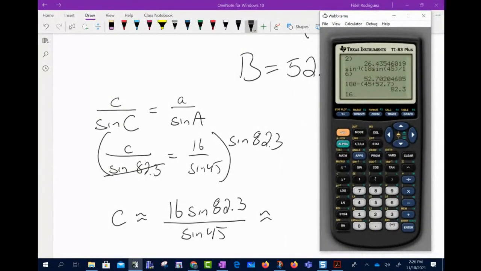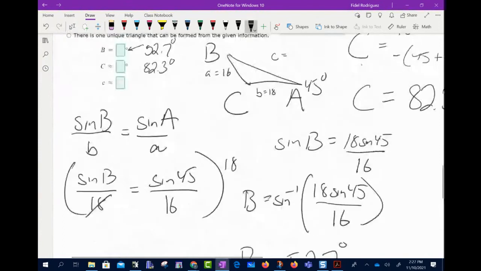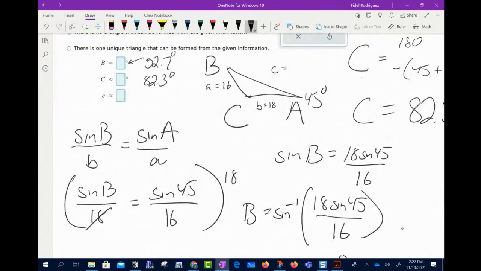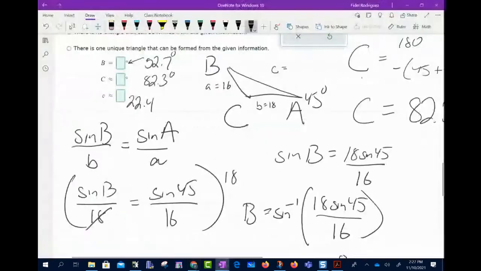Okay, so let's go 16 sine of 82.3 divided by sine of 45. Okay. And I'm coming up with 22.4. So right here, this is 22.4.